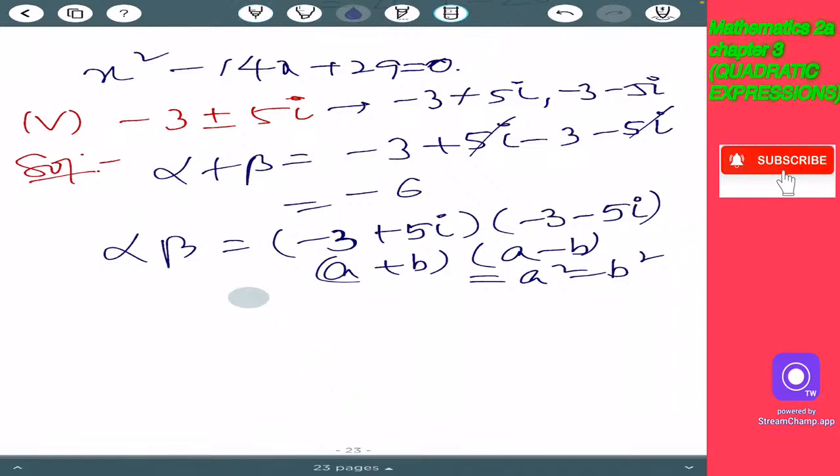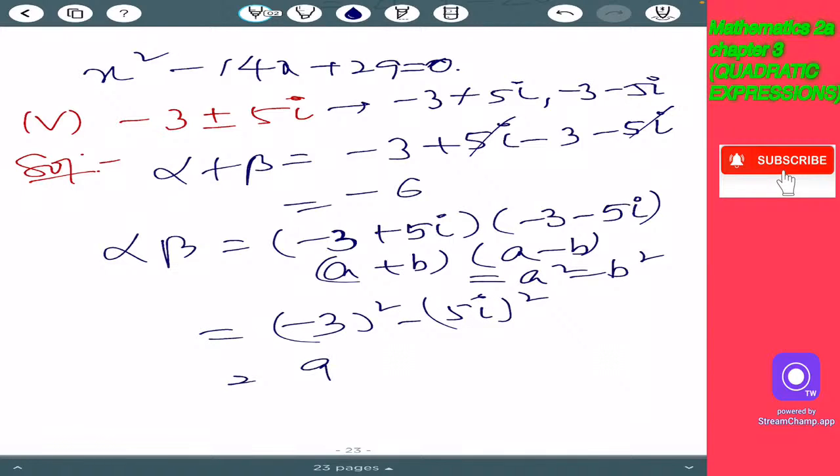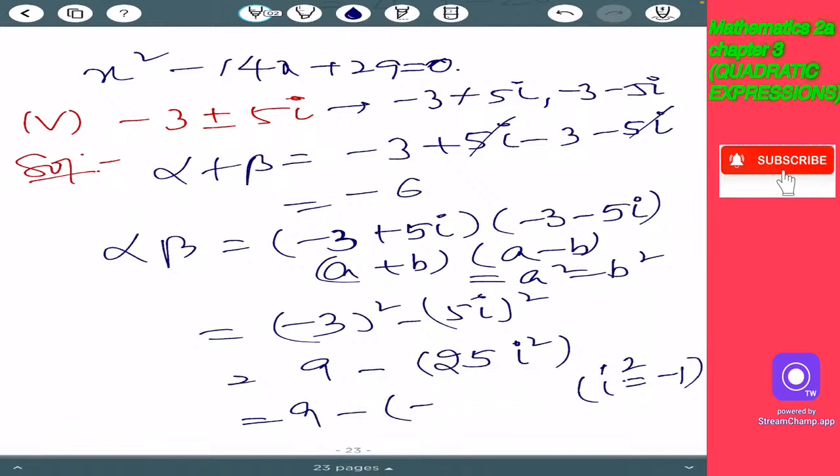So you'll get minus 3 whole square minus 5i whole square. That is 9 minus 25i square. The value of i square is equal to minus 1.